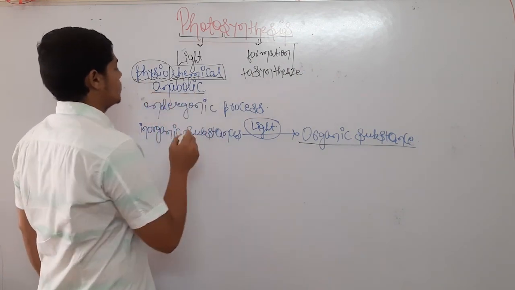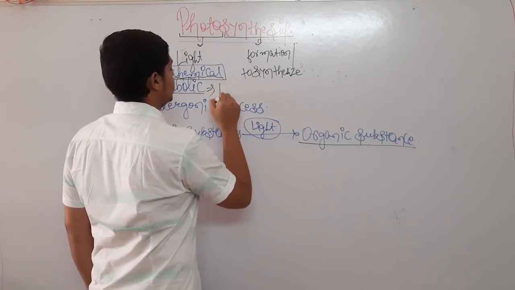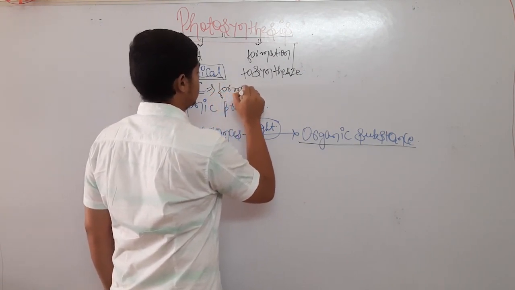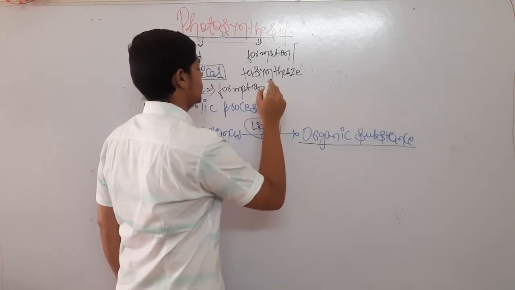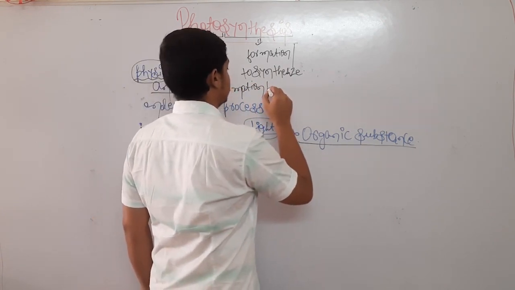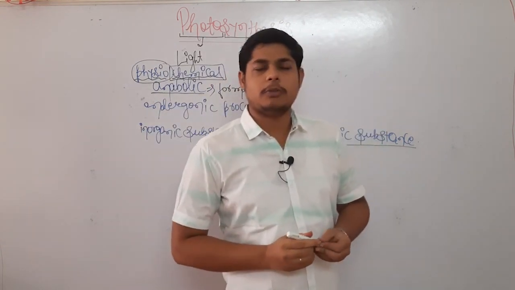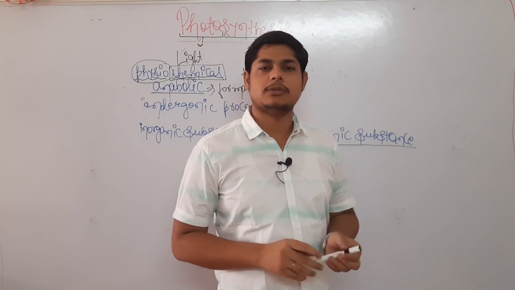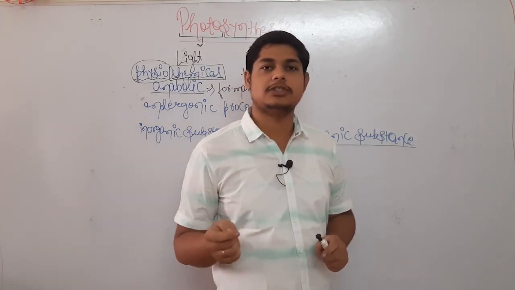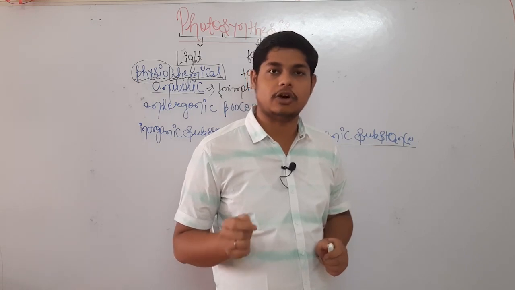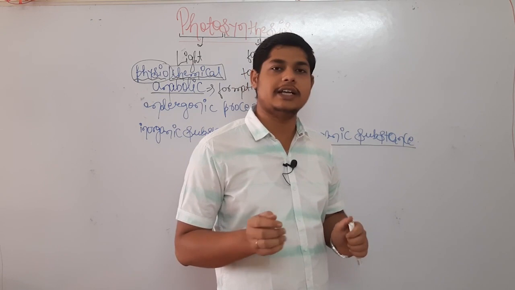Then anabolic. Anabolic means formation. We all know about metabolism. Metabolism is the sum total of catabolism and anabolism. That is, all the reactions which take place inside living organisms are together considered as metabolism.